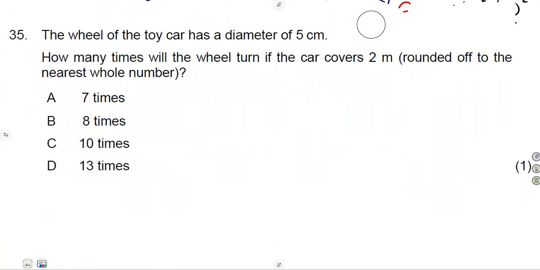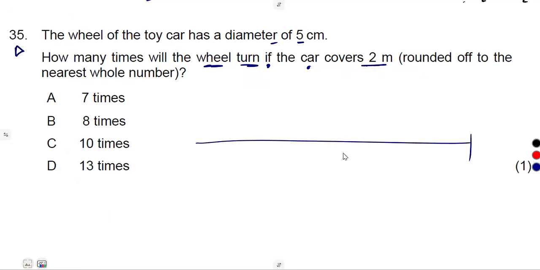On question number 35, there is a wheel of a toy which has a diameter of 5 centimeters. How many times will the wheel turn if the car moves 2 meters? So the car is going to cover 2 meters, the distance.